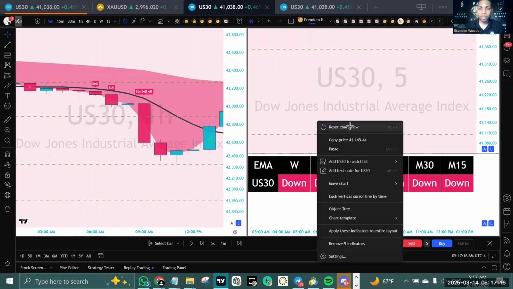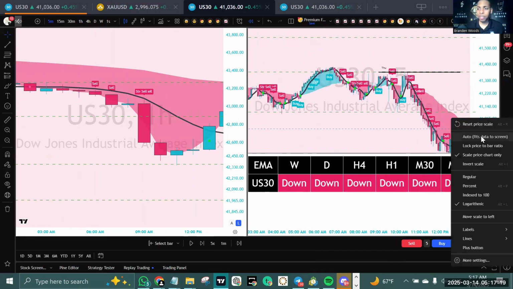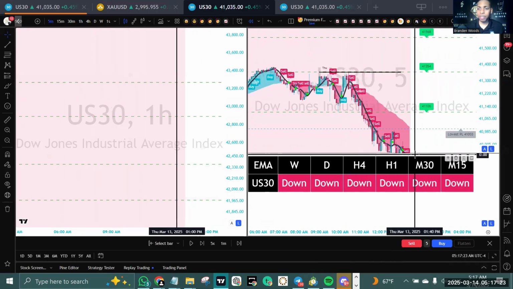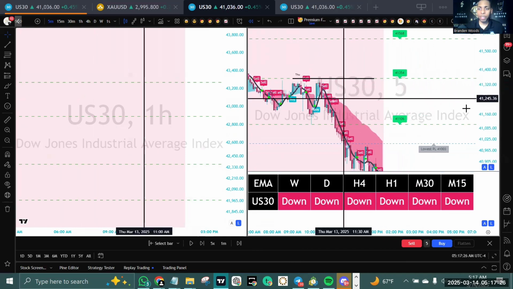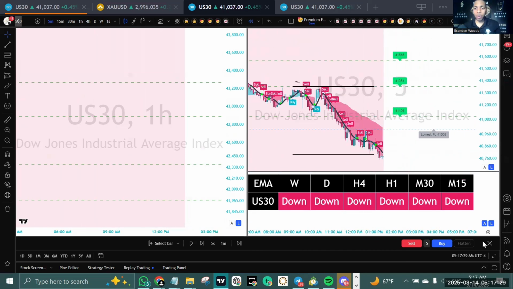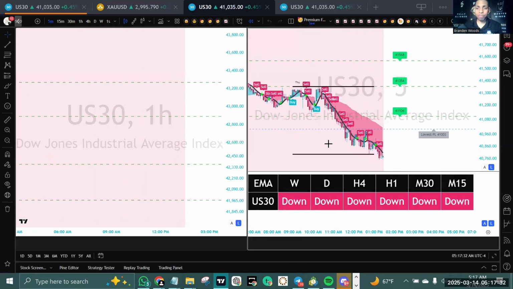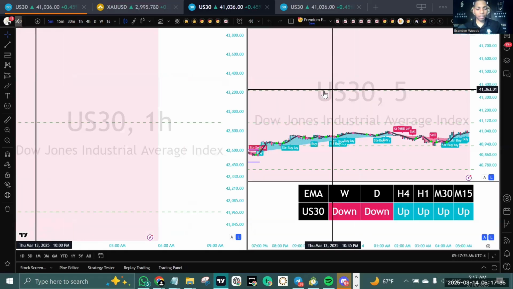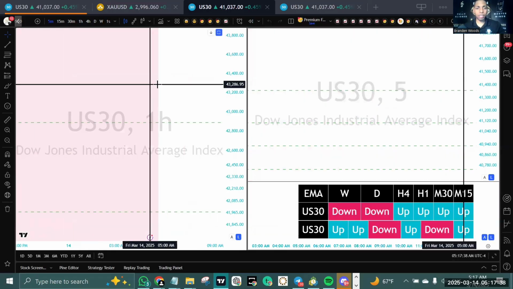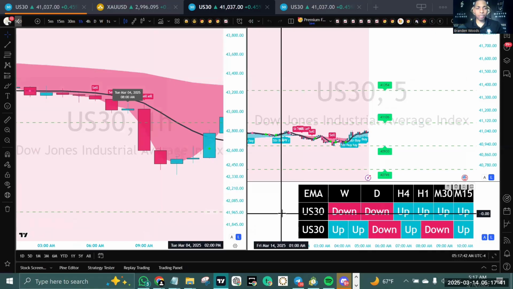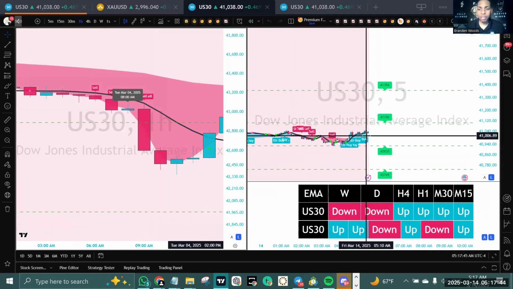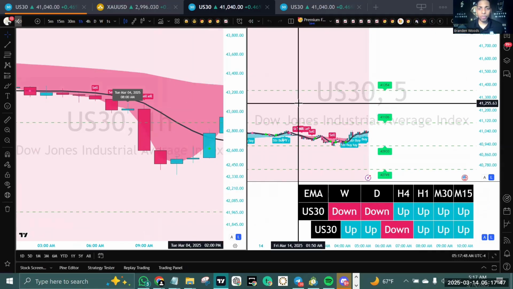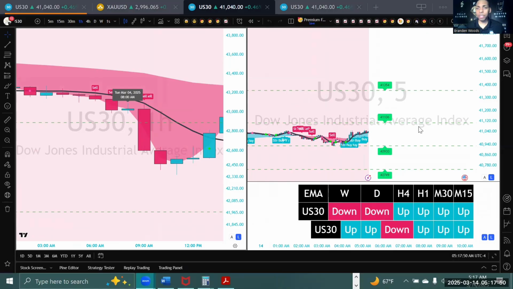Pause that. Auto fit and see what this looks like. Now, normally it will have all of the different time frames at the same time. I'll get these in sync really quickly. But I'm pressing this Alt G to get this up here. Alt G to get this up here. March 4th. So let me move this out the way.